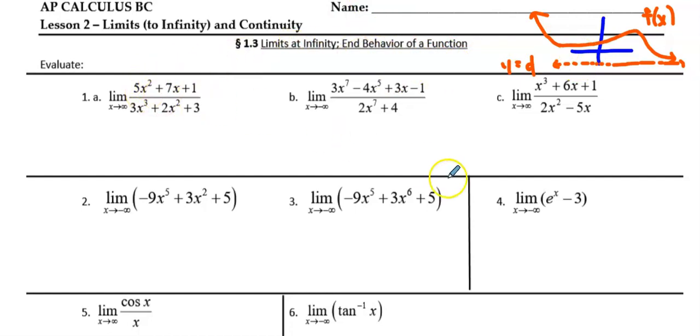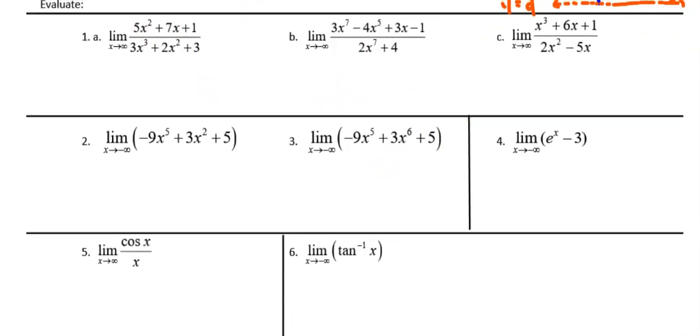And so we have in this example, this packet right here, examples of what you should already know, behavior based on your functions themselves. So if we look at example 1, A, B, and C, the reason why this is all one particular example has to do with the fact that they're all rational functions.